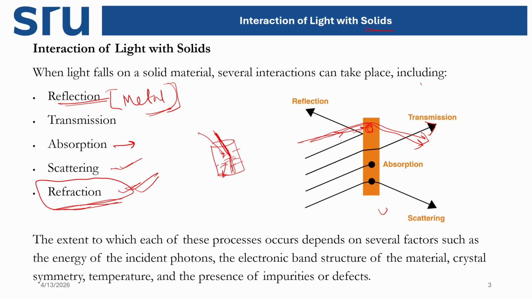So these are the processes that can take place: reflection, transmission, absorption, scattering, and refraction. These processes take place inside a material when it interacts with light or photons, and according to them the properties of the material change. By knowing which properties are changing, the material can be used for different purposes and practical applications.